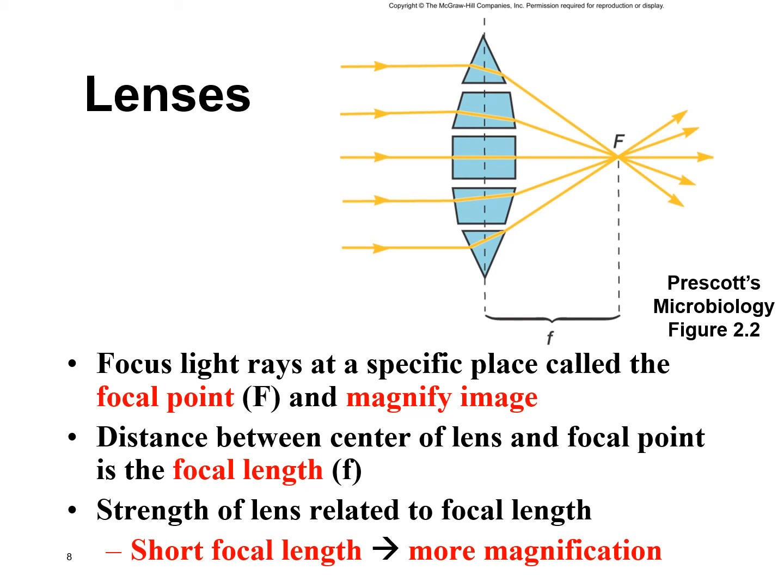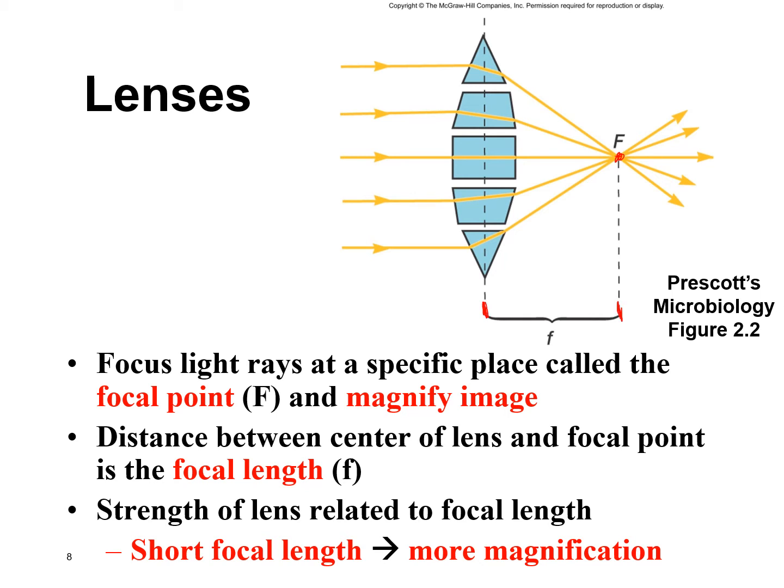So just a couple of terms here. We've got the focal point, which is where the image is going to be formed on the other side of the lens. And then the focal length is the distance between the center of the lens and where the focal point is.